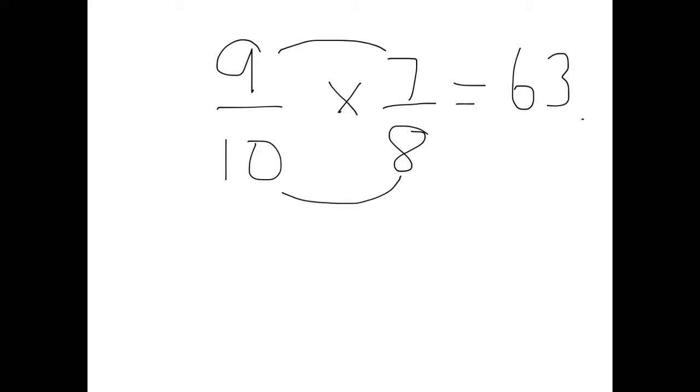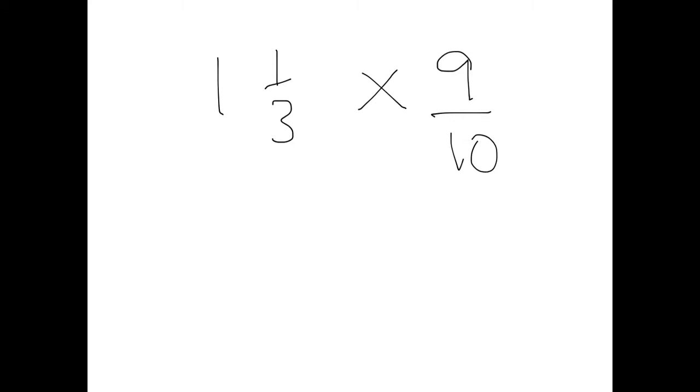And what do I get? 80. Now, can that be split down any more? Can it be cancelled any further? Does anything go into 63 that also goes into 80? No. Good. Well done. Okay, so they're relatively simple.